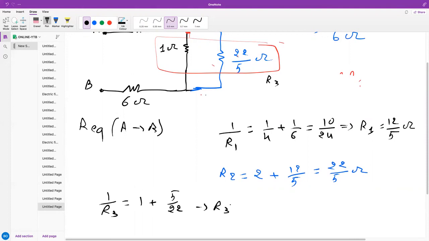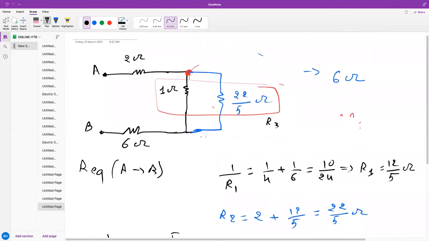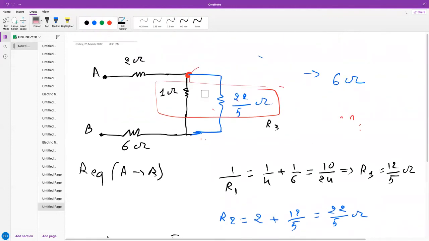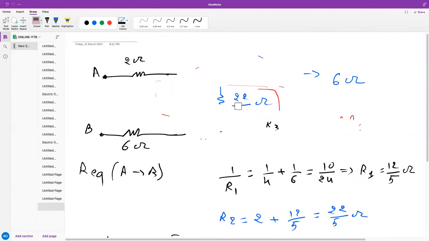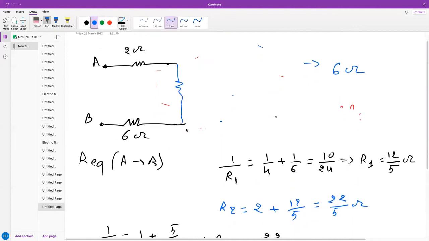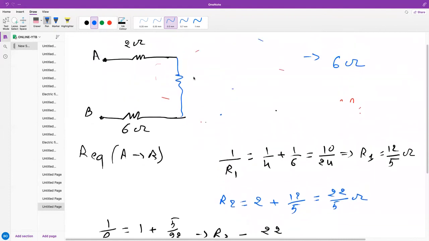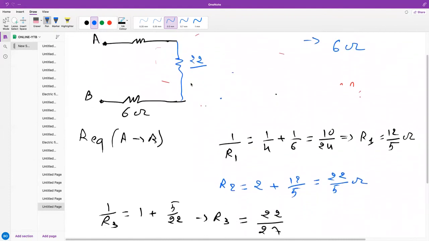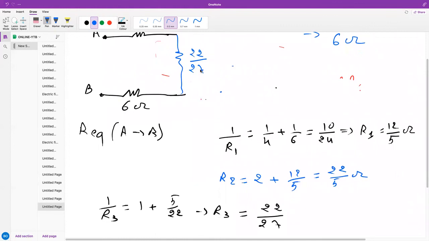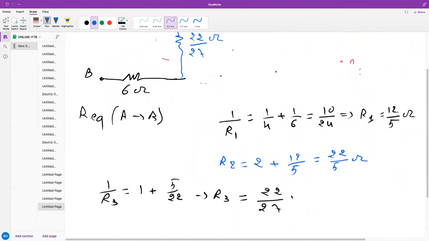So R3 will be 22 over 27. Again, I can delete everything, and I will get the new resistor, which is 22 over 27. Of course, this is in ohms.